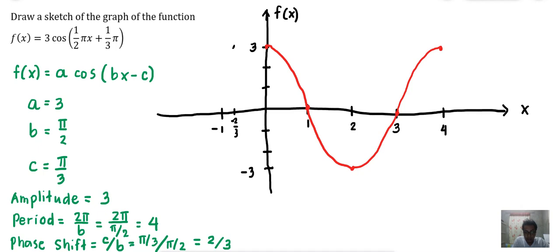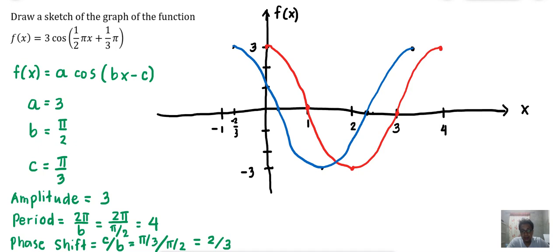This point will go 2/3 units to the left, and so will this point, this point, and that point. Everything will go to the left. And then we connect the points. There, that is the graph of our given function.